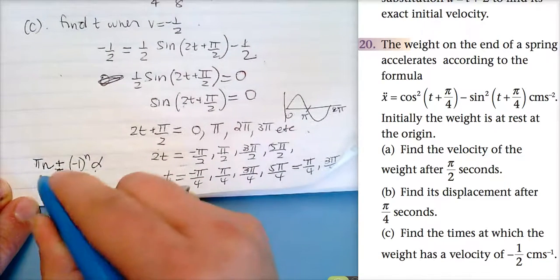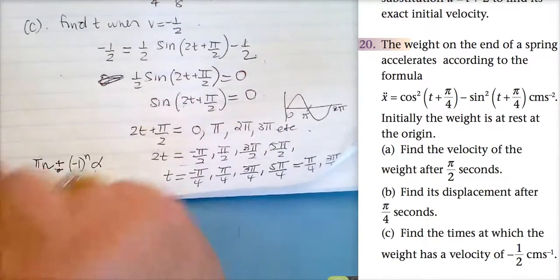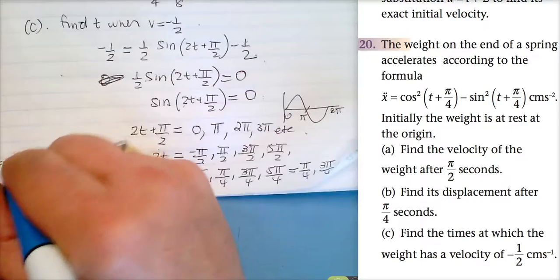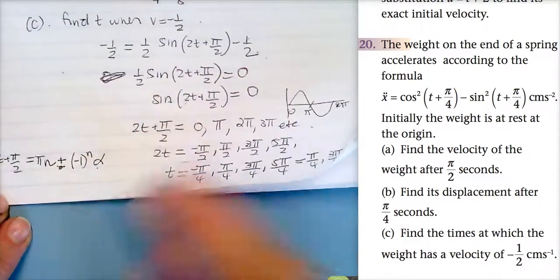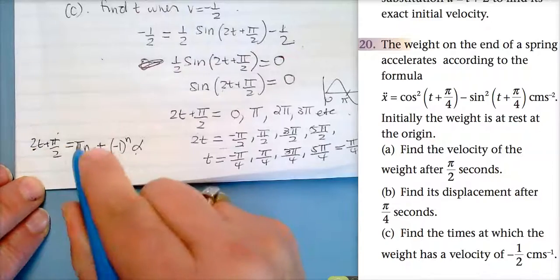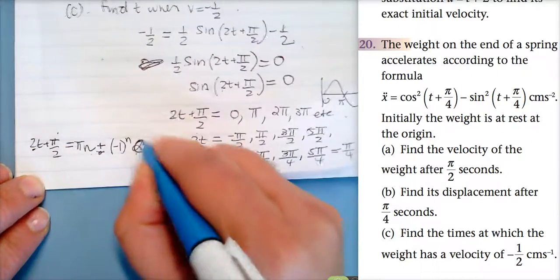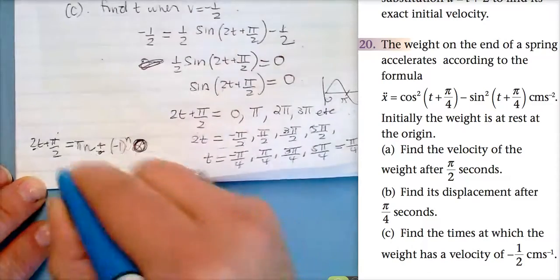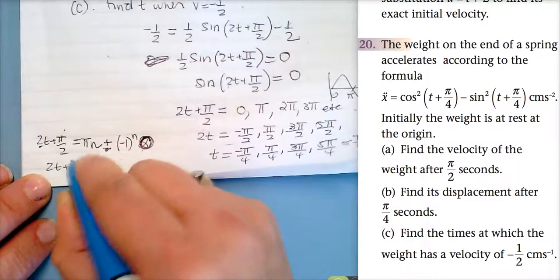It's just pi n, but then that's what 2t plus pi on 2 is. Do you know what I mean? So if you want to do it as general solution, 2t plus pi on 2 is pi n plus that times 0, which is just 2t plus pi on 2 equals pi n.